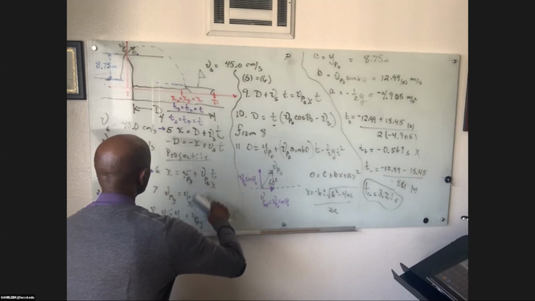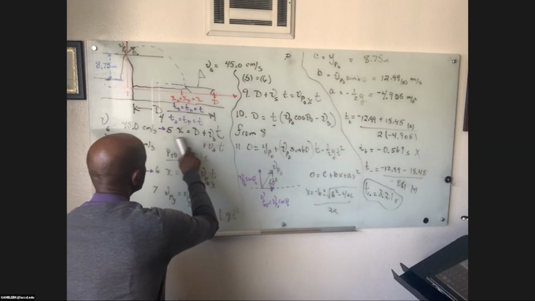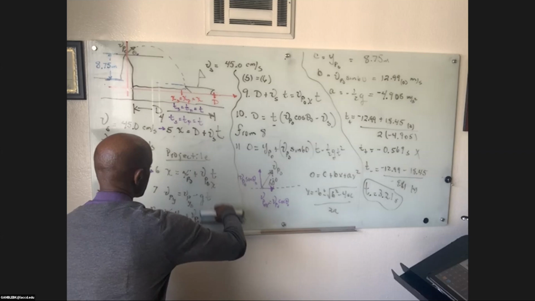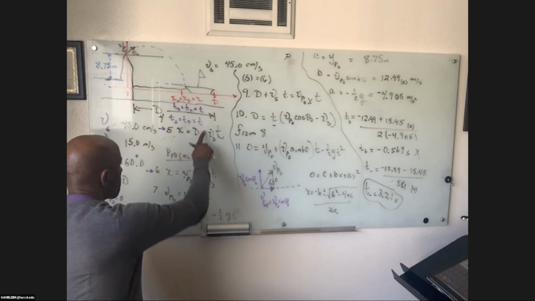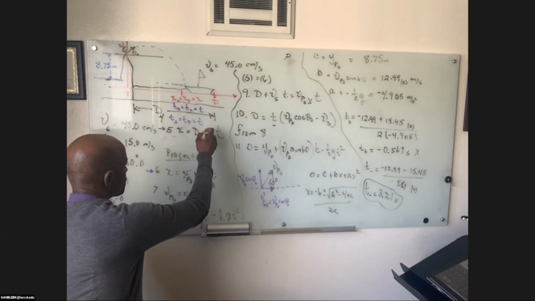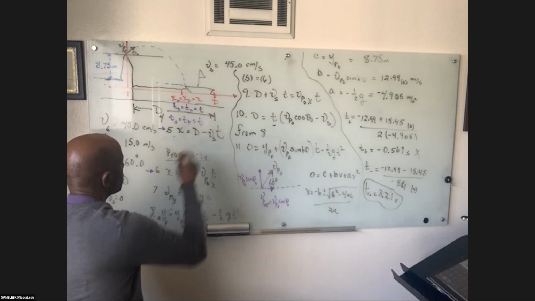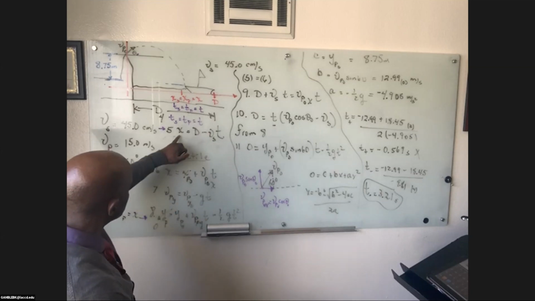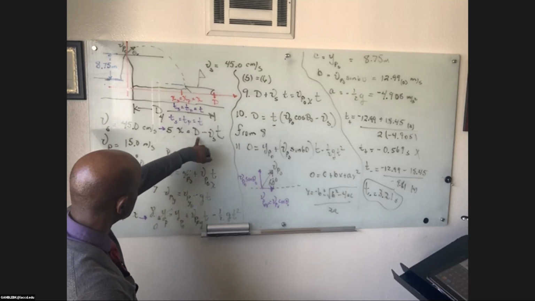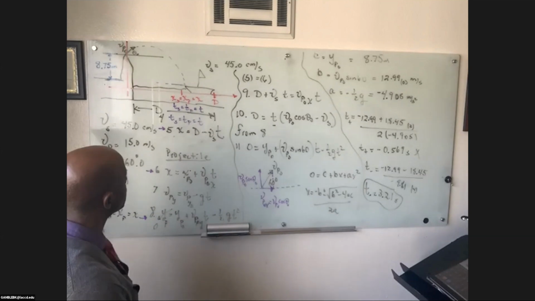Maybe I should write the equation like that because it means that you're right. You're absolutely right. The way I wrote this equation, that should be negative. Because this distance is smaller than that distance, so you need to subtract something from it.